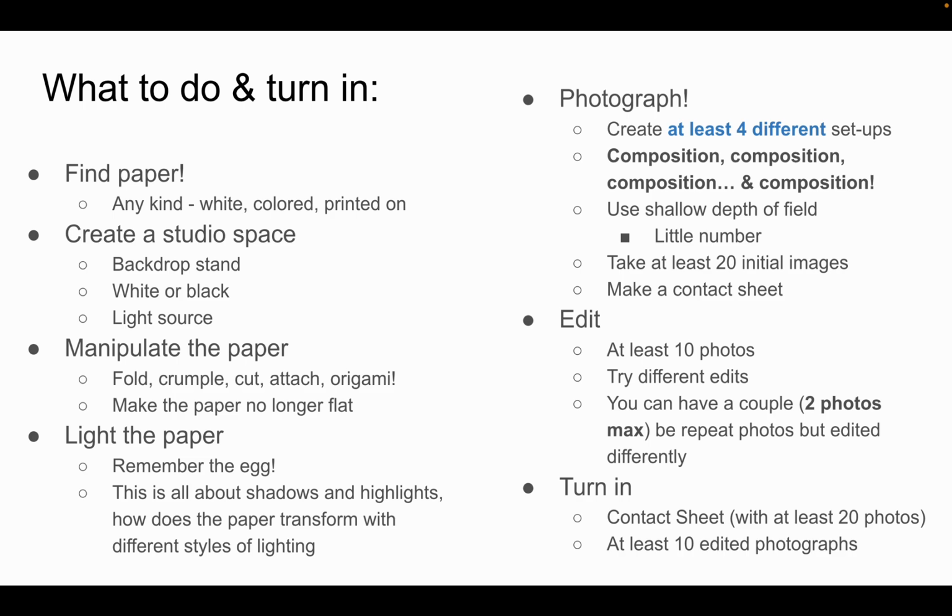So the process, what to do and turn in. So you're going to find paper. So any kind, white, colored paper, printed on paper. As I mentioned, you'll have access to regular copy paper. We have boxes of just random construction paper that they're not full pieces. They're just random chunks of paper. You can also bring in your own. So as I mentioned, tissue paper.